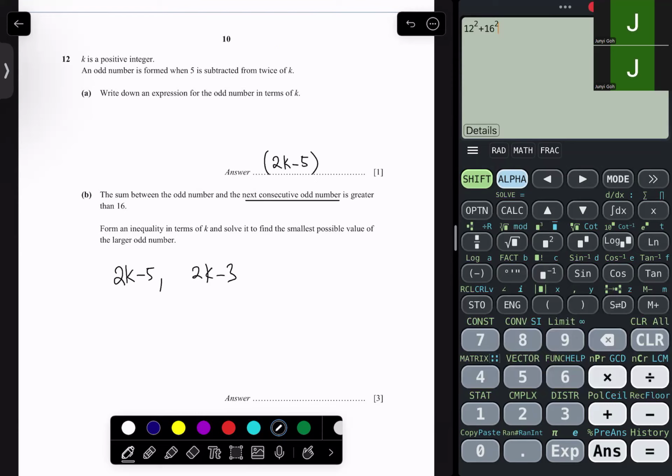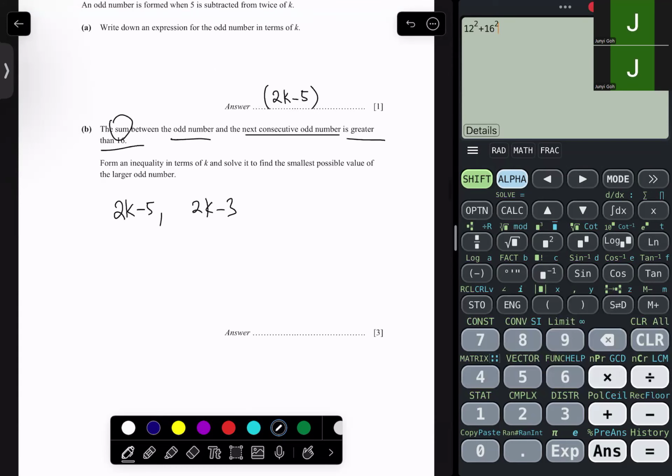Now, the sum between these two is greater than 16. So 2k minus 5 plus 2k minus 3 must be greater than 16. 4k minus 8 must be greater than 16. 4k must be greater than 34. K must be greater than 6.